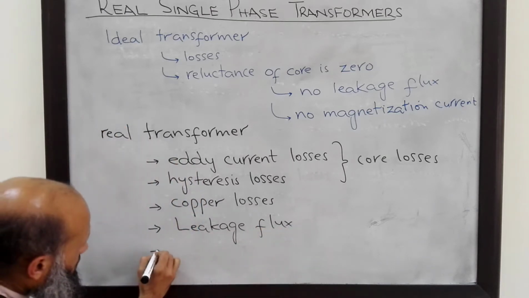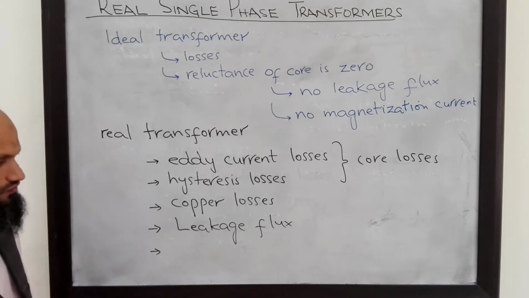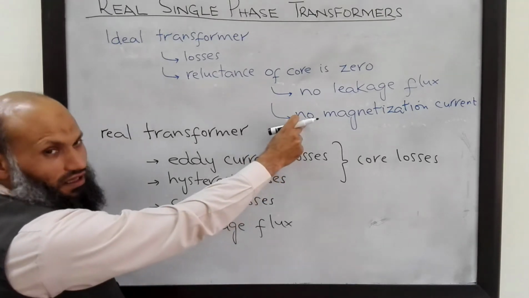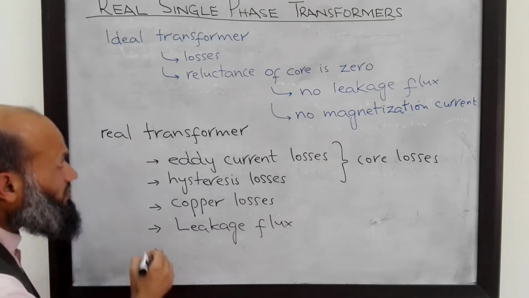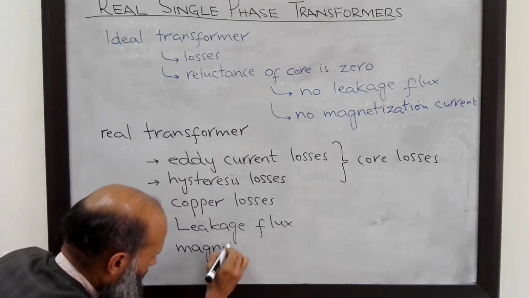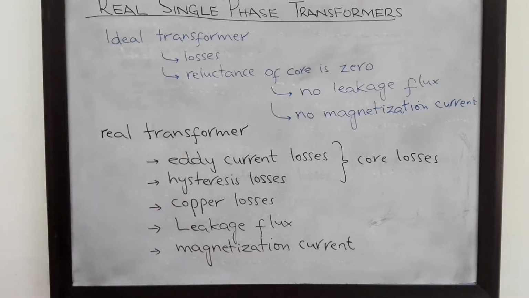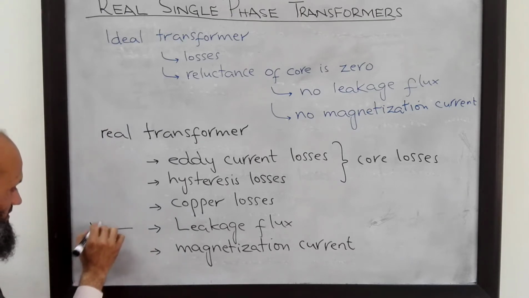And furthermore, some current is required to cause the flux to flow in the core of the transformer. That current is called magnetization current. So in an ideal transformer, there is no magnetization current. In a real transformer, there is also magnetization current. So we shall talk about all these points one by one in more detail. We start with the first point, that is the leakage flux.